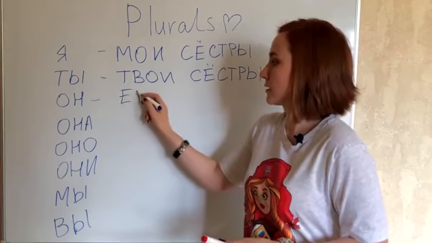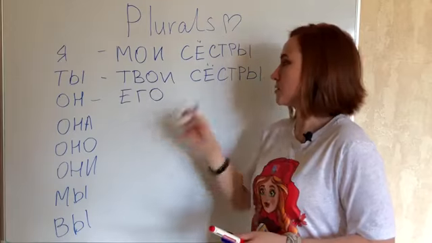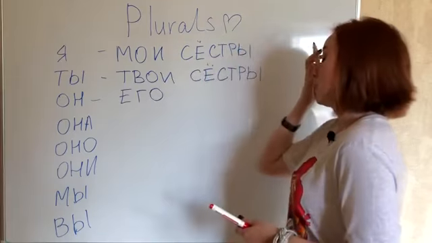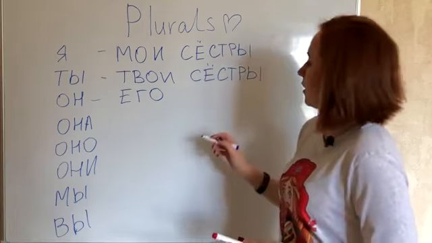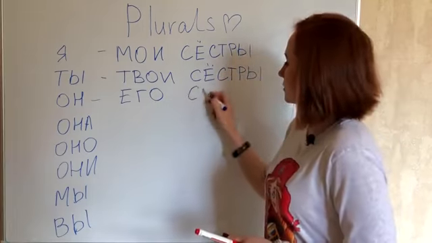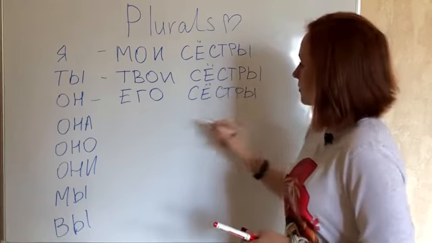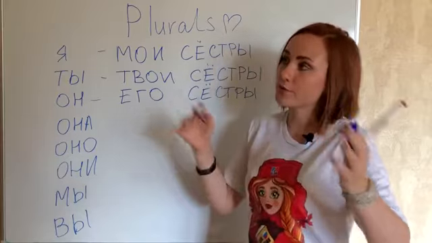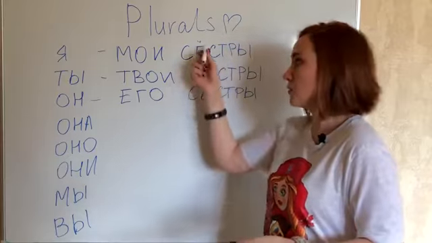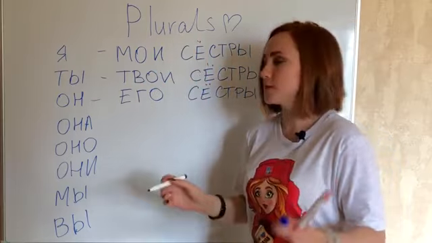How about his sisters? Его сестры. You remember that these don't change with plurals, right? If you don't remember this stuff, means that you didn't learn the previous material well. So, don't go to this before you master the previous lessons.